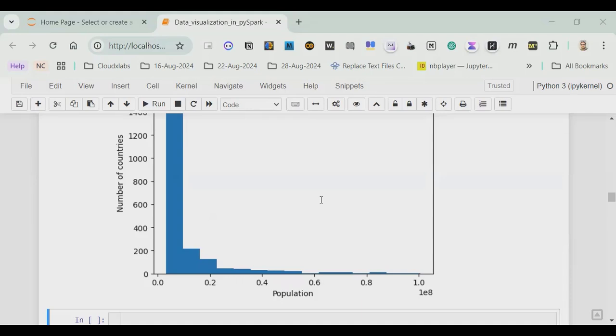Okay. Here df.filter of df.population less than indicates what? Only the rows where the population column has a value less than 100,000 and 1,000. So that is one thing. Population is an argument which specifies that the histogram should be created using the population column.